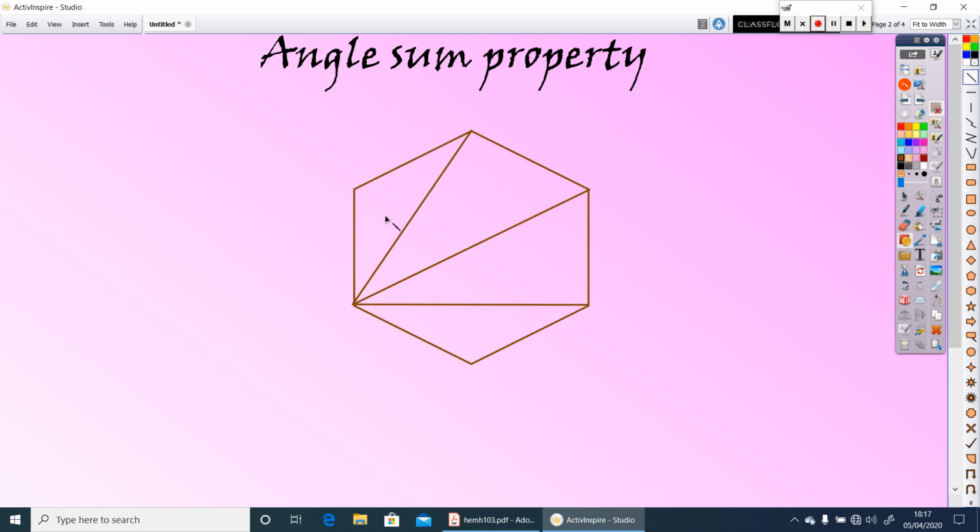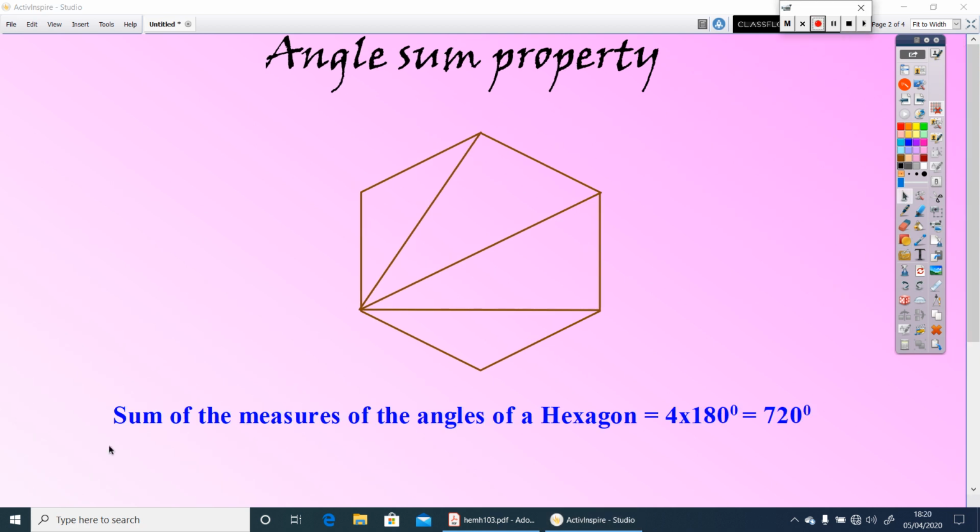Now how many triangles are here? 1, 2, 3, 4. So the sum of the measures of this hexagon, we can write as 4 into 180 degree. That is, the sum of the measures of the angles of a hexagon is equal to 4 into 180 degree, which is equal to 720 degree. Now there is a relation between the number of sides and its sum.